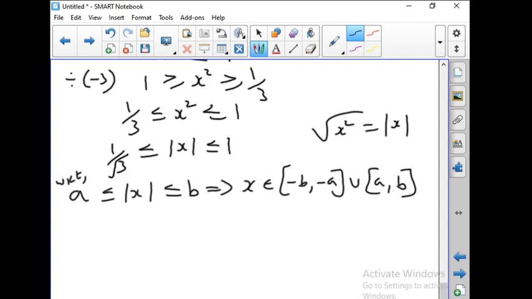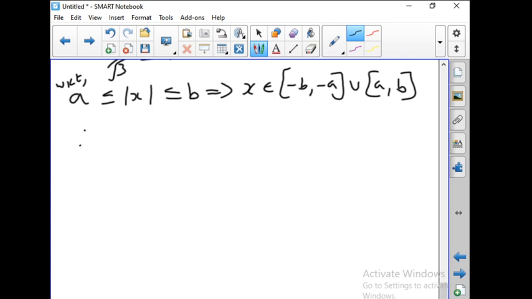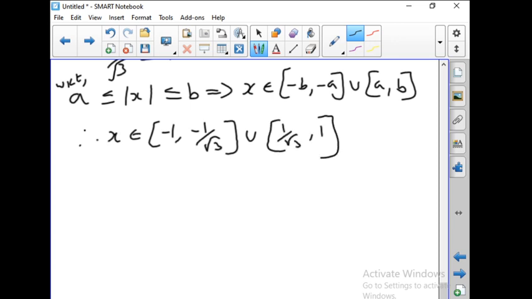So therefore the result is x belongs to minus 1 comma minus 1 by root 3 union 1 by root 3 comma 1. We have seen this in plus 1, so depending on that result we write the answer.